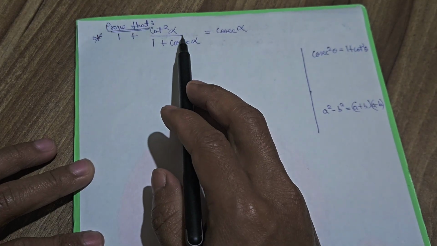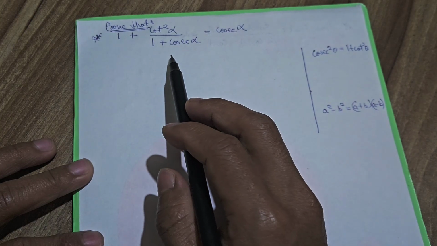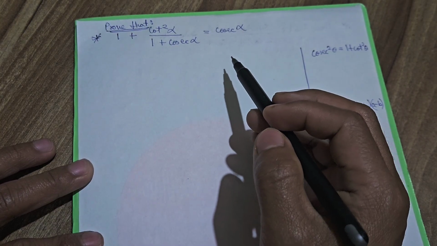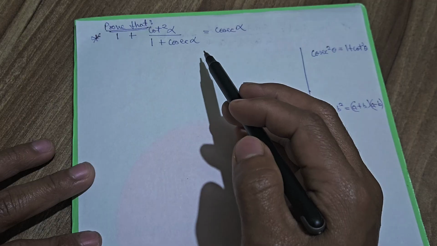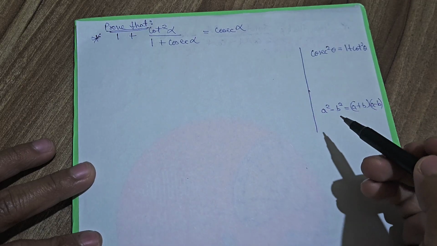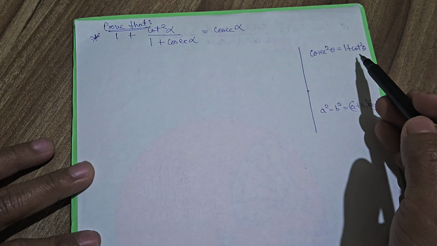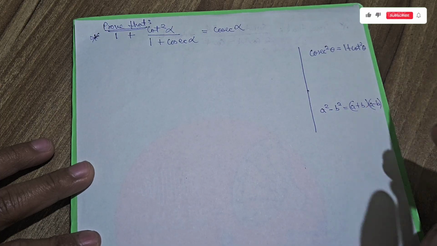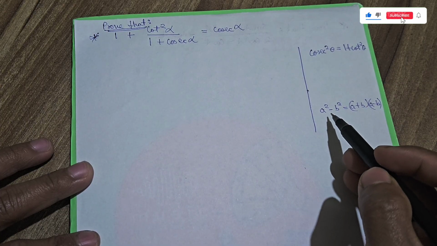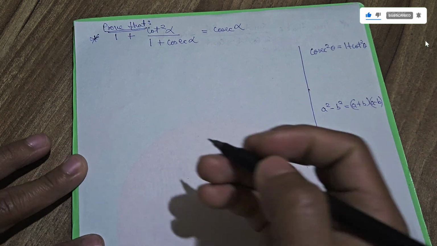1 plus cot square alpha by 1 plus cosec alpha. We have to prove that it is equal to cosec alpha. So here we are going to use the cosec square theta equal to 1 plus cot square theta identity, and we are going to use the a square minus b square formula. So let's begin.